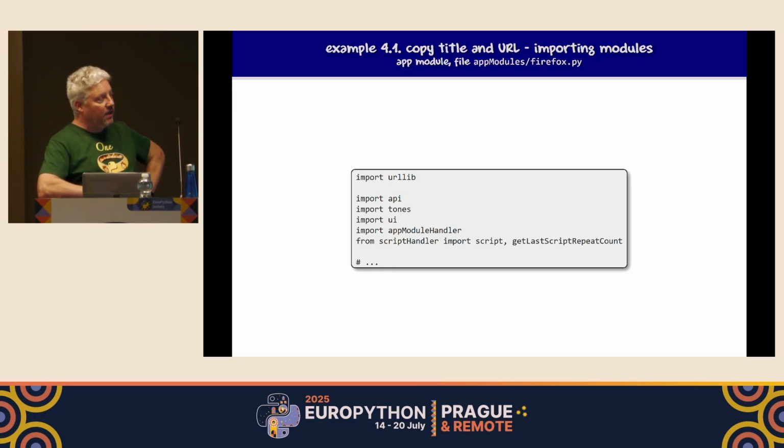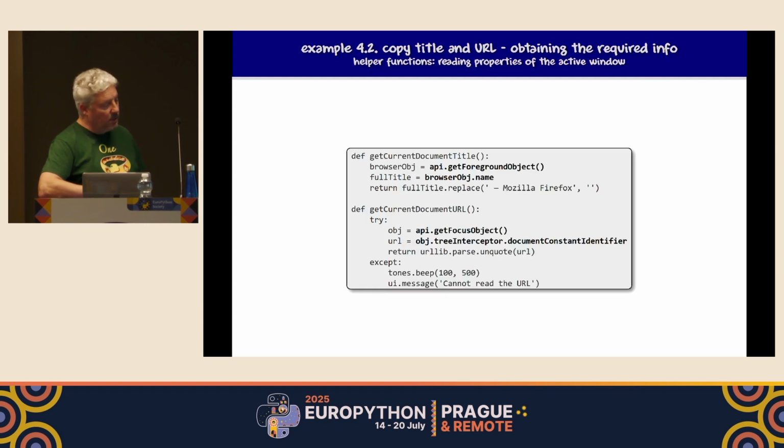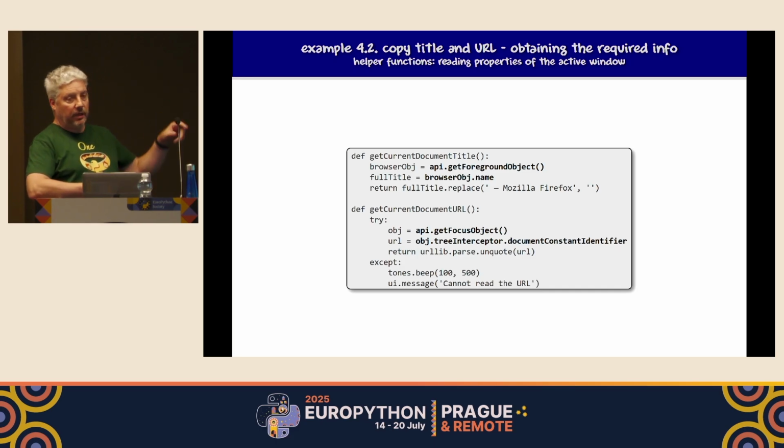I can read with the API get foreground object, I get the name of the window, that is the title. In the case of Firefox, it is the title. So I have to take out the part that ends Mozilla Firefox to leave alone the title.